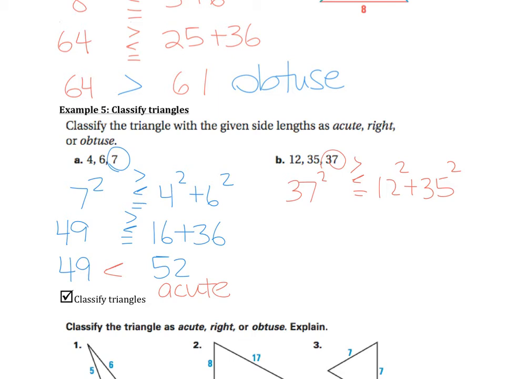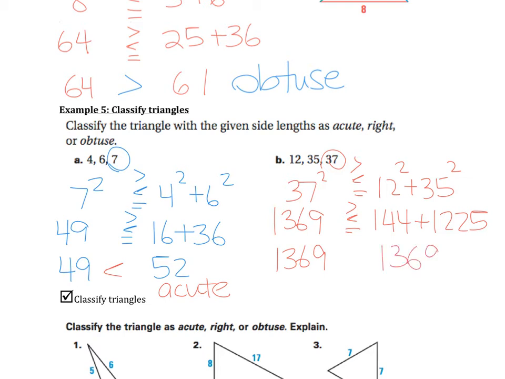Finding these lengths, multiplying them out, this is 1369. Then 144 plus, and adding these together on this side, you actually do get the same. So the symbol that goes in here is equals, so this is a right.